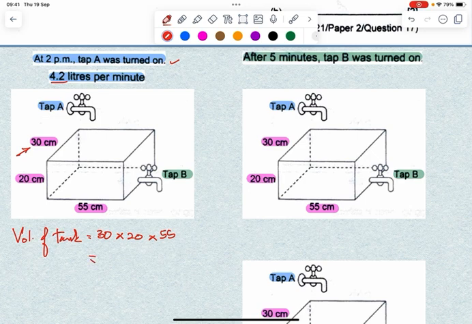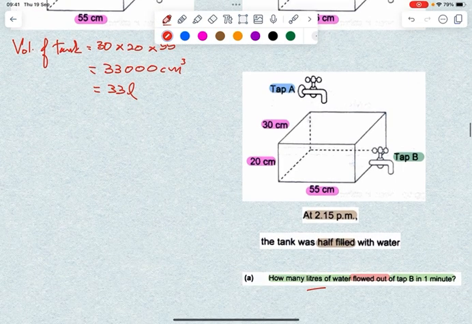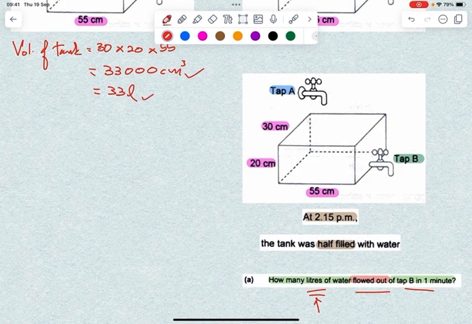That will give us 33,000 cubic cm. We can put it like this, and then change it to 33 liters. We leave the answer in terms of liters, because they ask how many liters of water flowed out of tap B in 1 minute. So stick to liters. Change whatever cubic cm into liters.